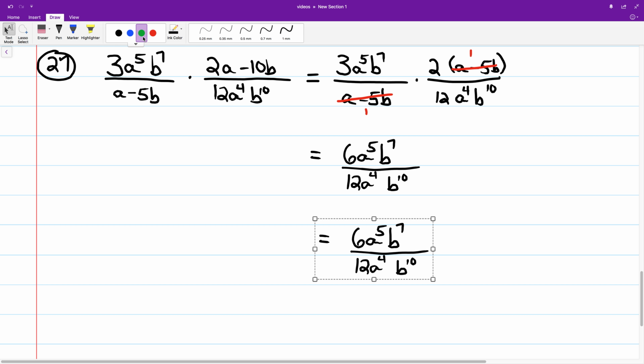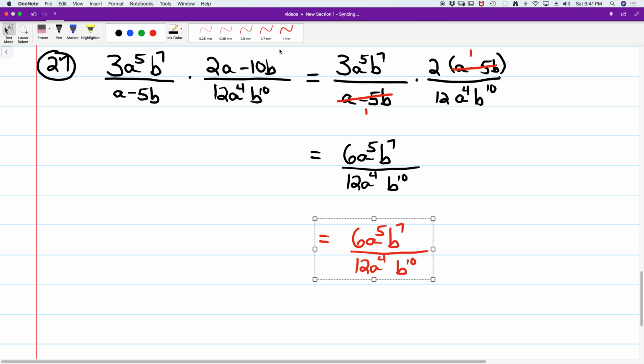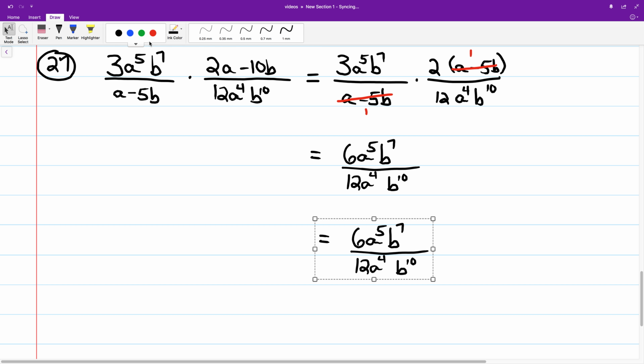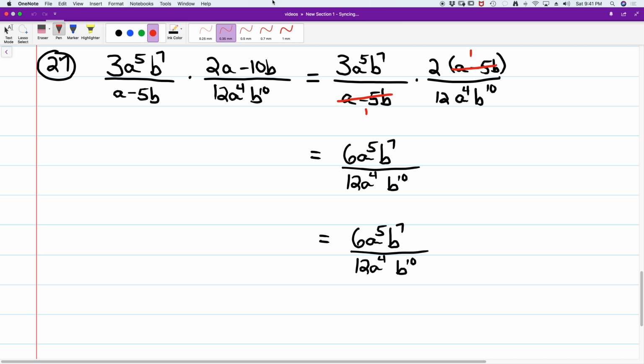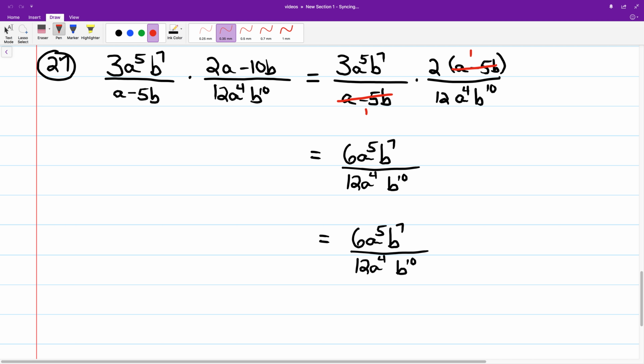Now, for what we have in the case of taking the ratio, for 6/12, ultimately that is going to go to 1/2. Now for a to the 5th over a to the 4th, just take out the smaller degree, and for b to the 7th over b to the 10th, doing likewise.